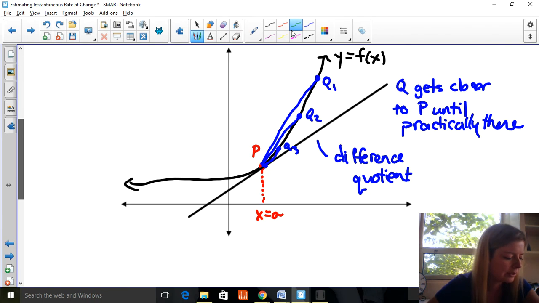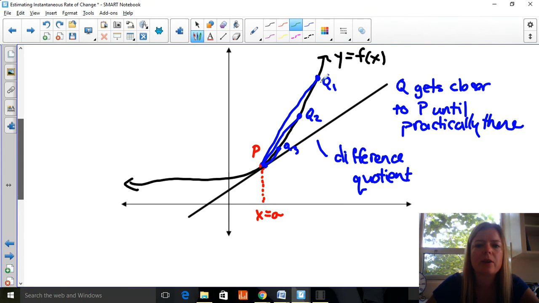Another method we're going to learn is something called centered intervals. So if Q1 is a certain amount away from P, then you can do R1, which is the same amount away from P, but in the other direction. And if you connect their secants, the idea is that this secant would be somewhat close to parallel to the tangent.